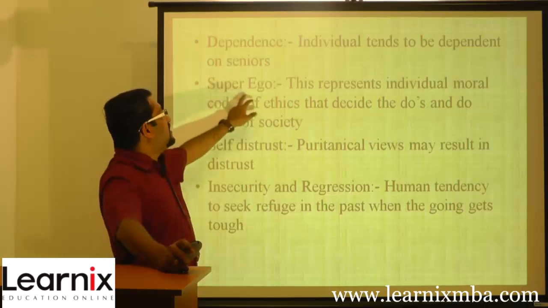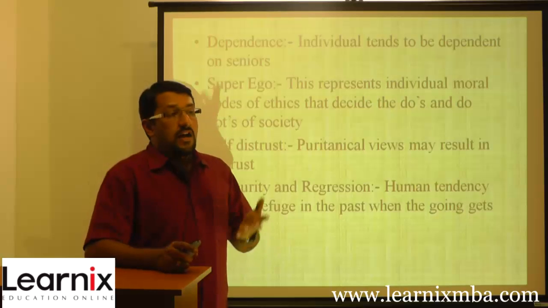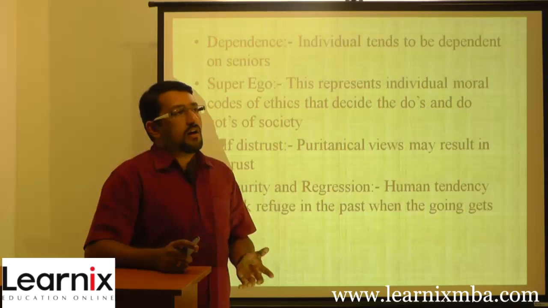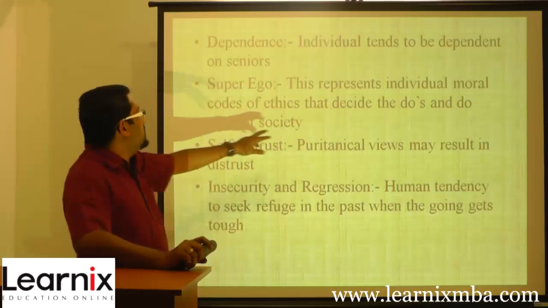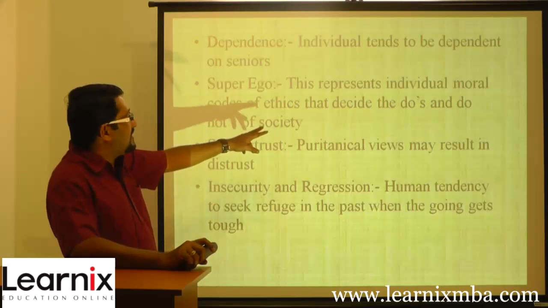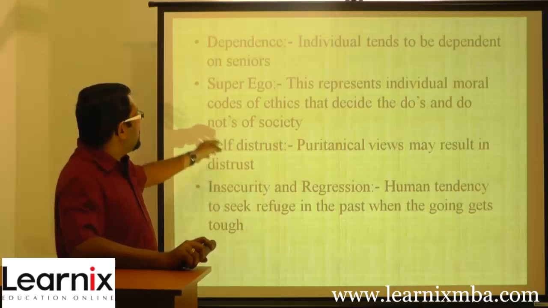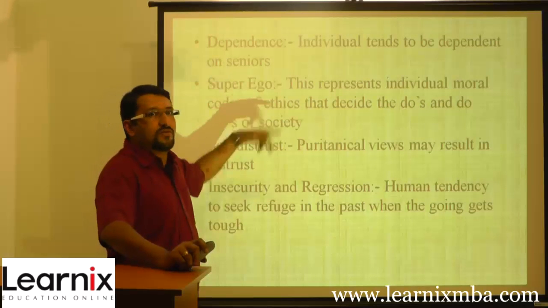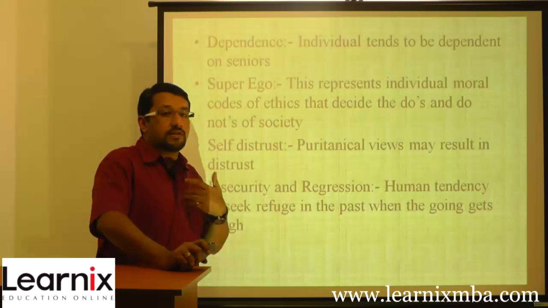Then comes super ego. As individuals, we have egos in one way or the other. Super ego represents individuals' moral codes of ethics that decide the do's and don'ts of society. Ego means you have that inner feeling, I'm the greatest; it's all inside you.